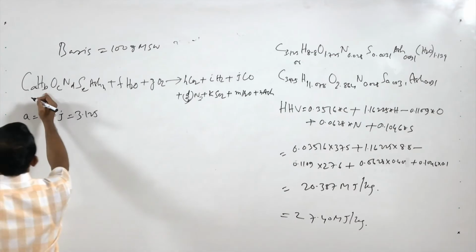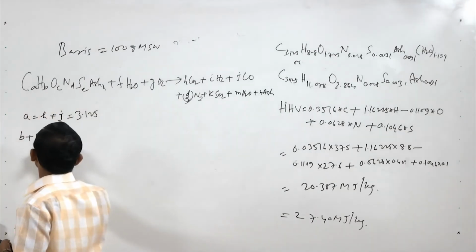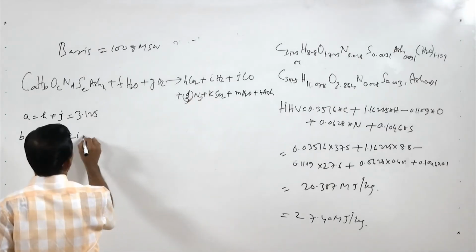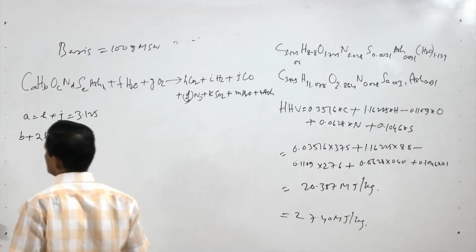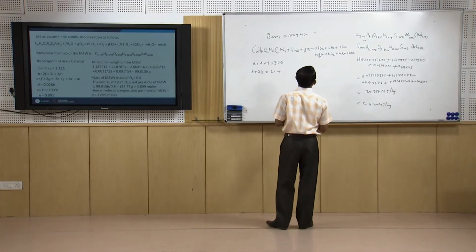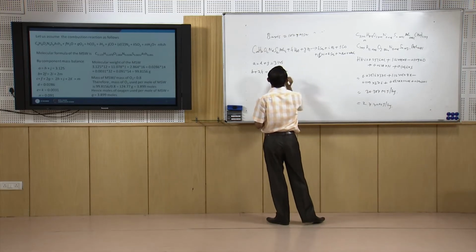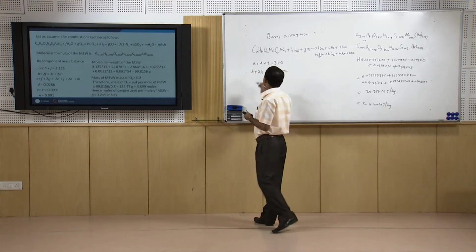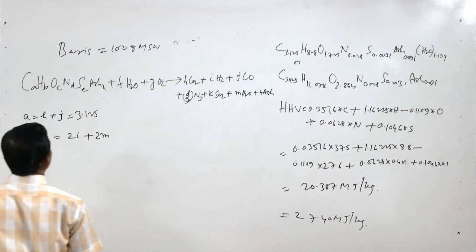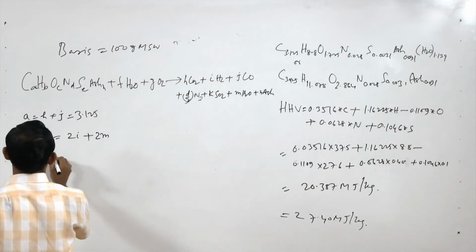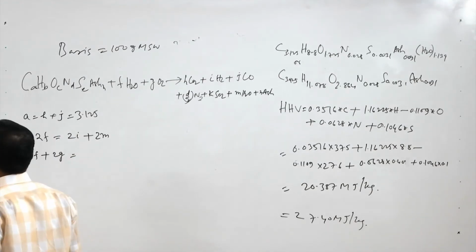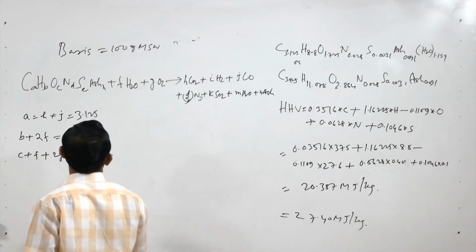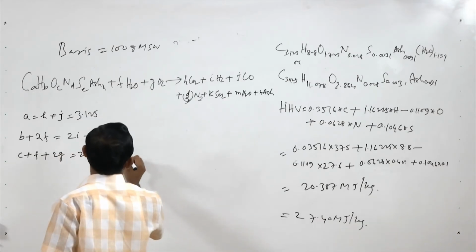The left hand side is B plus 2F, and the right hand side is equal to 2I plus 2M. For the oxygen balance, C plus F plus 2G is equal to 2H plus J plus 2K plus M.